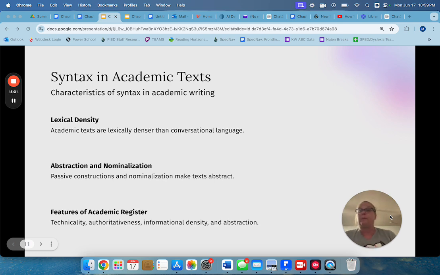So when we're looking at the syntax and academic texts, the academic texts have very distinct syntactic features. We have that lexical density, where they are more lexically diverse or denser than conversational language. In other words, it's a more complex language.